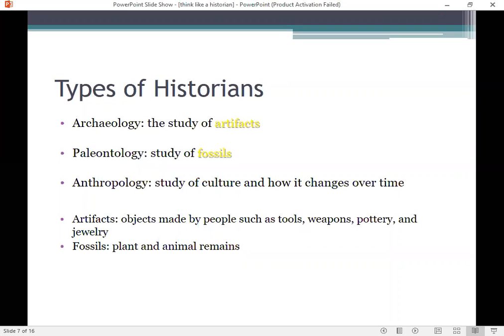We are picking Greece, okay? Ancient Greece. What would an archaeologist study in ancient Greece? Please don't tell me tools, weapons, and pottery, okay? Philosophy. This is an archaeologist who studies an artifact. If we're in ancient Greece, we're discovering ancient Greece, and an archaeologist needs to study something. What would he study?